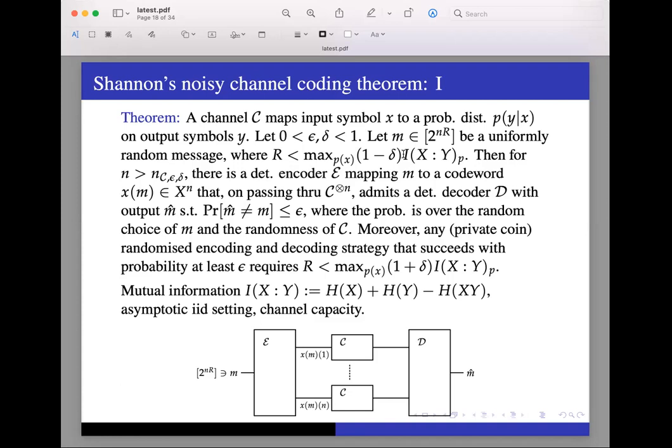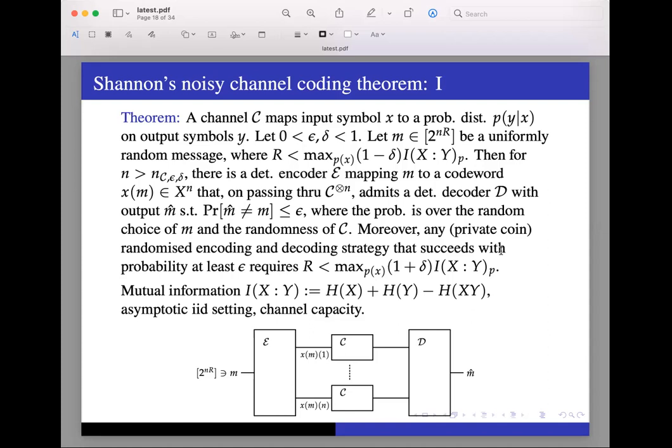Okay, and there is also a converse to Shannon. So the converse says that any private coin randomized encoding and decoding strategy. Okay, so the converse is slightly stronger. The achievability works even with deterministic encoding and decoding, but the converse holds true for randomized encoding also. So the encoder can use his own private coins, decoder can use his own private coins for decoding.